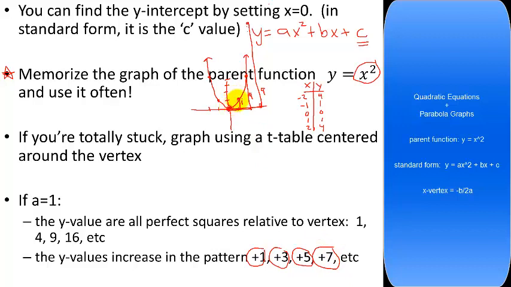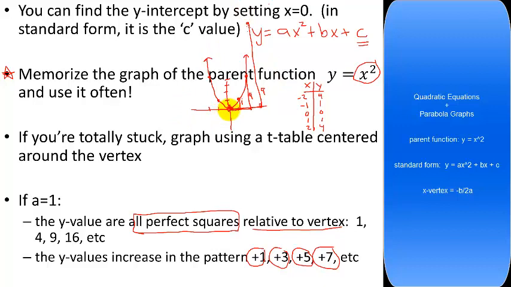So if you're jumping from point to point, you have what's called a successive difference, which means each time you go up by 2 additional compared to the one before it. If you compare those points to the vertex, then they're all perfect square numbers. So personally, I typically do all perfect squares relative to the vertex, but you could also do the points jumping from one point to the next and increase the jump size by 2 each time.